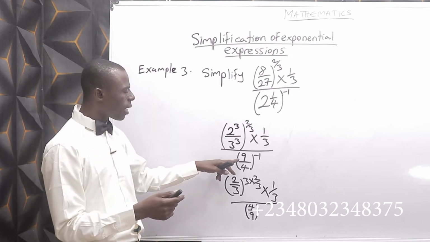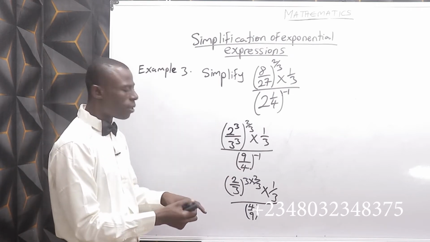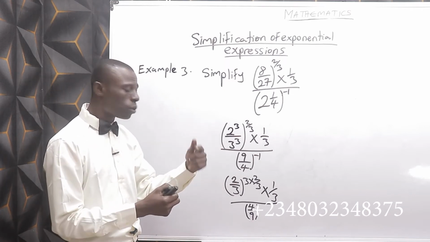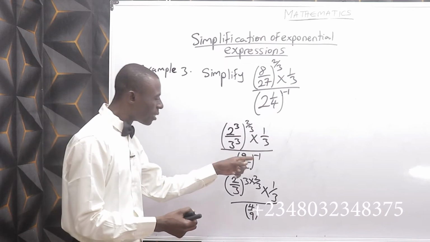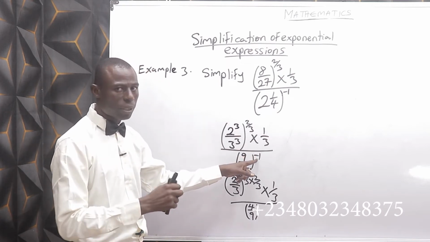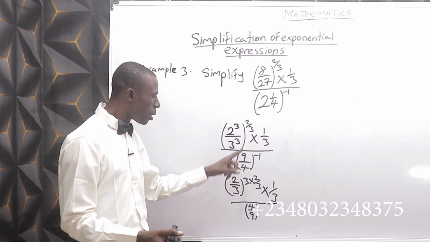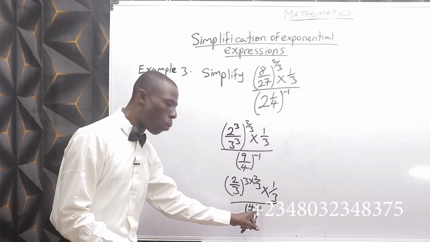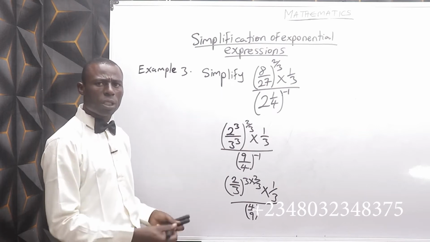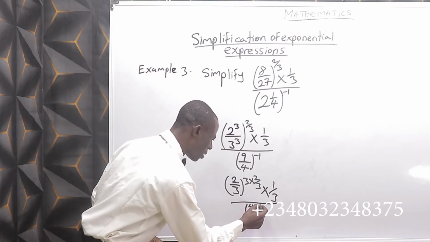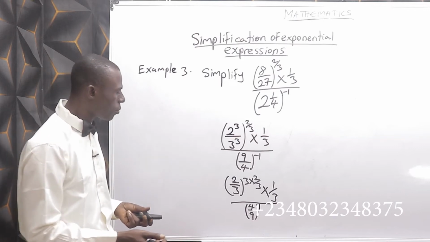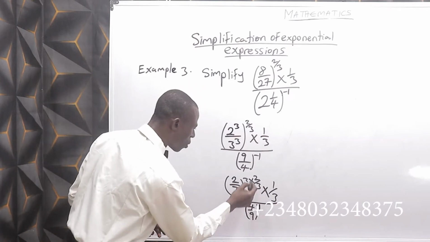Remember this law of negative index. 9 over 4 will turn upside down to become 4 over 9, and the negativity with the power will disappear. So instead of negative 1 as power, what remains now is 1. But because it is 1, I don't need to repeat it to write it. And if you write it, it does nothing there. So 3 here, we cut 3.